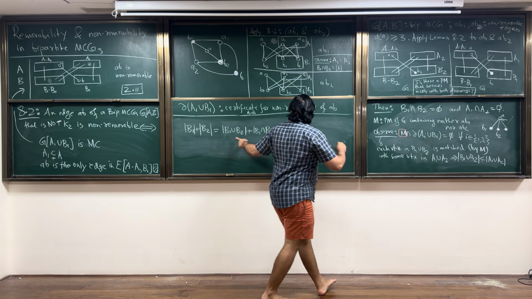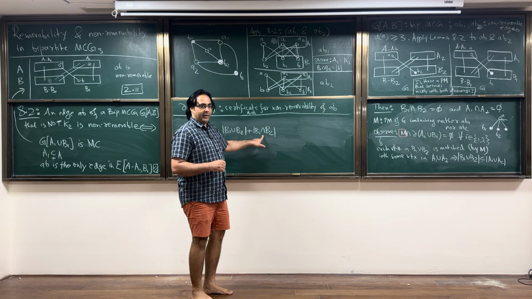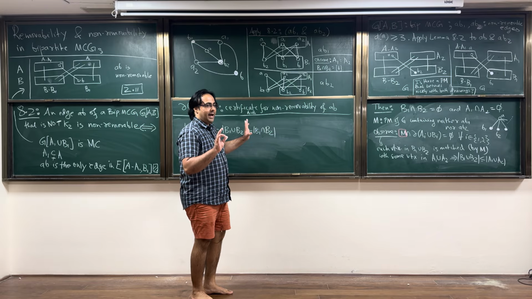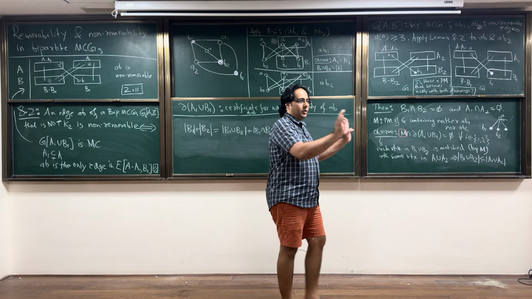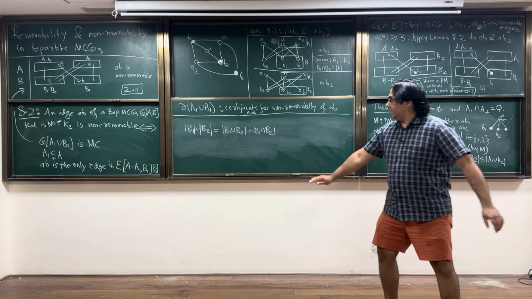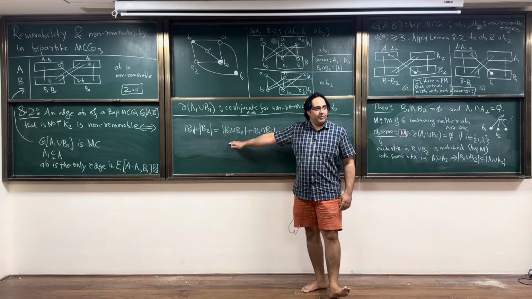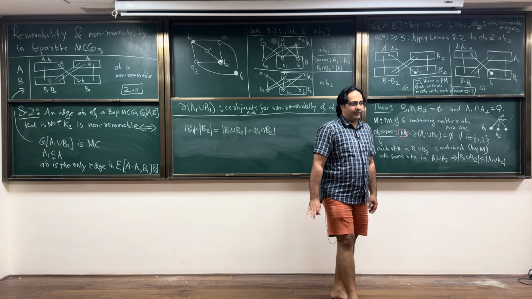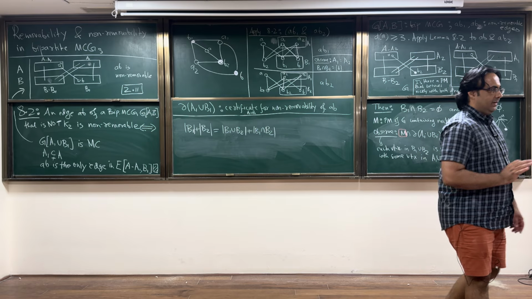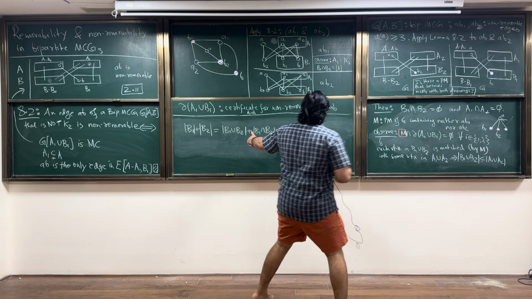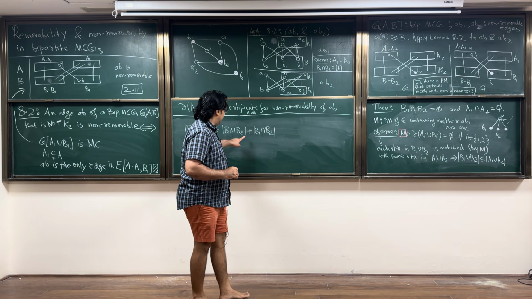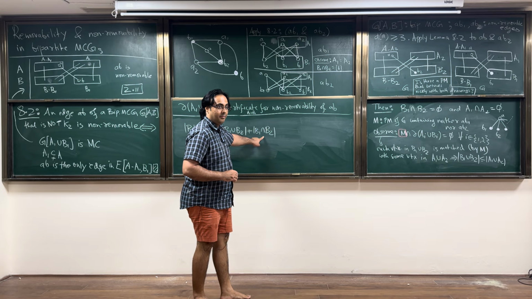To make progress, we also need to do something about this fellow. Basically, the plan is to convert everything into terms of A's. Right now, everything is in terms of B's. We will convert everything into terms of A's, and then we will try to do something from there. We have done something for this term, so we should also do something for this term.